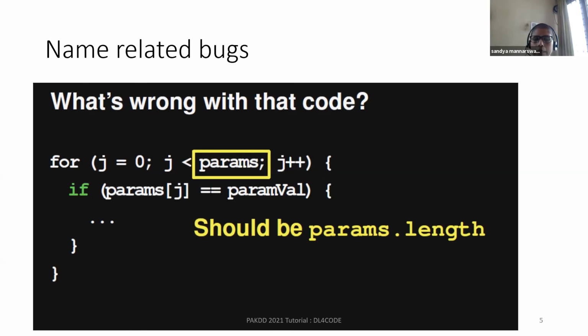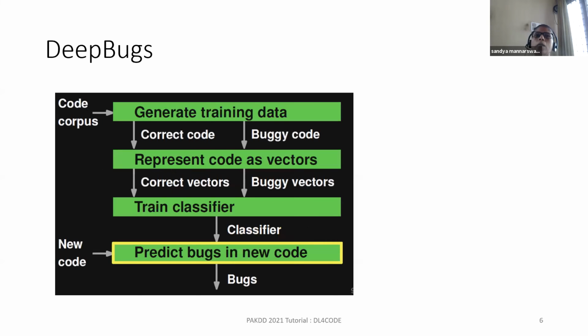The other thing is they become extremely brittle. So if it is possible to learn a detector which can automatically detect bugs in the code using deep learning techniques, it would reduce the problem associated with building handcrafted bug detectors. So DeepBugs was proposed from that perspective.